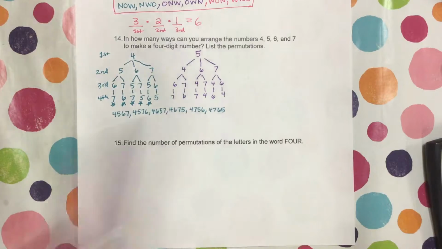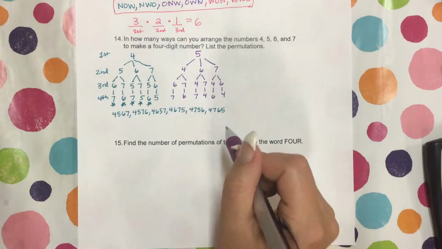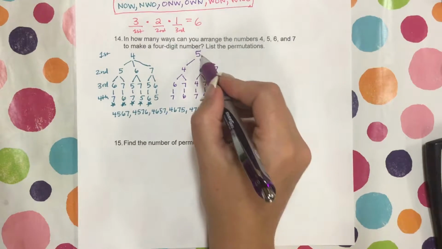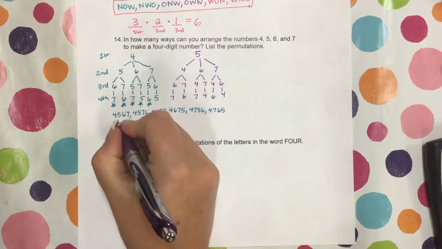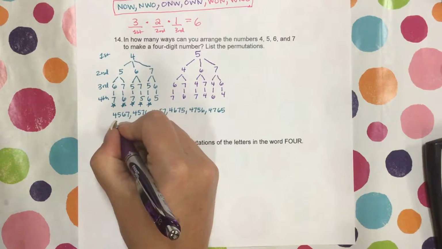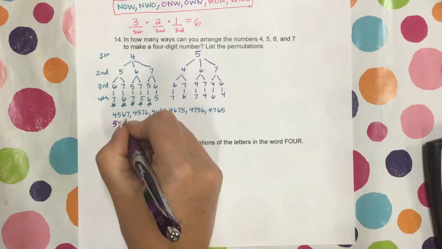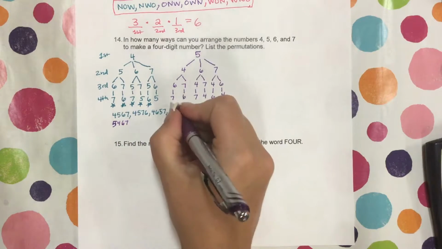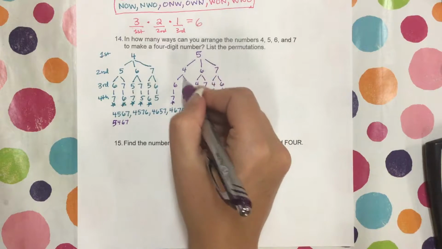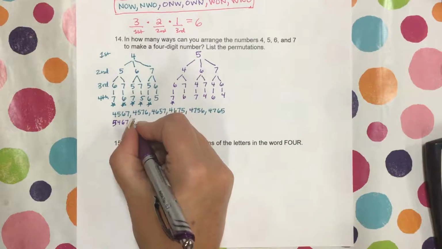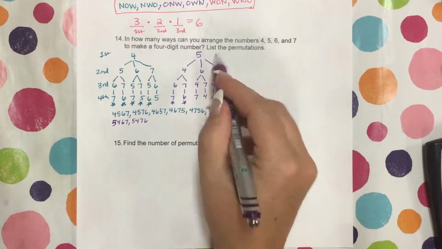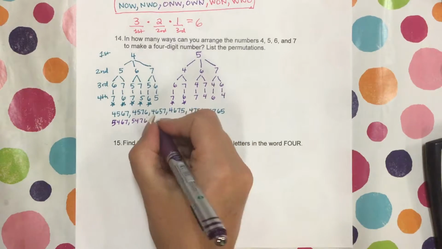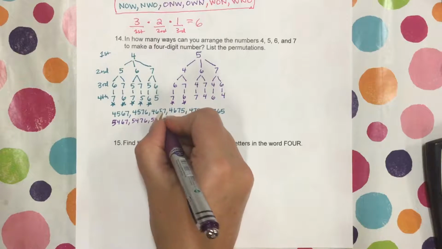Now we can list all of these options. One would be 5, 4, 6, 7. Now that one's done. Or 5, 4, 7, 6. Or 5, 6, 4, 7.